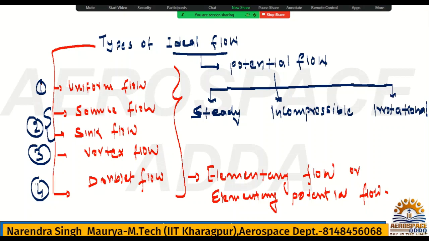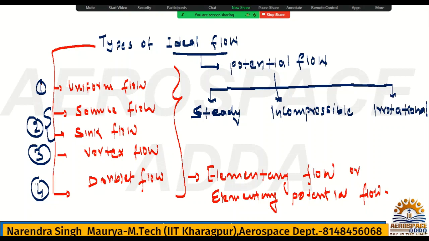Source and sink both are exactly opposite, but the same, just opposite and same. Magnitude wise also it is equal and opposite, no? So source by word only you can understand. Source means going away, sink means going inside. That's the only difference. The rest everything will be same. So I'm considering both flows as one single flow. So 1, 2, 3, 4.